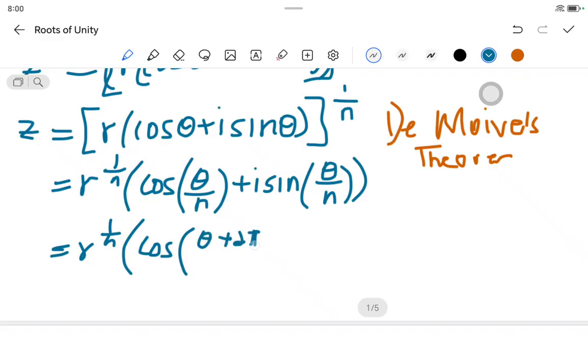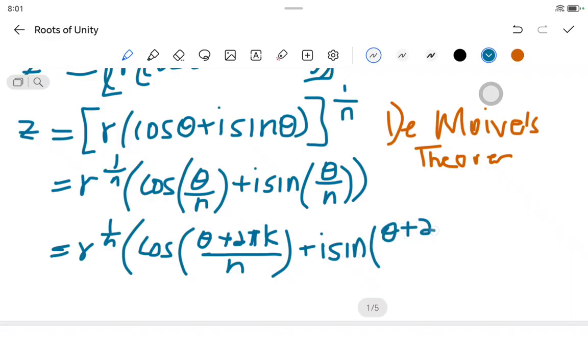2 pi k over n. We're supposed to add 2 pi if it was revolving once, but we are saying that it can revolve as many times as it wants. So we can just keep that k, and it is possible for it not to revolve at all. So that's why our k is going to start from 0.